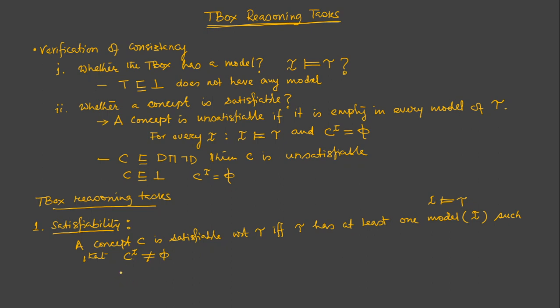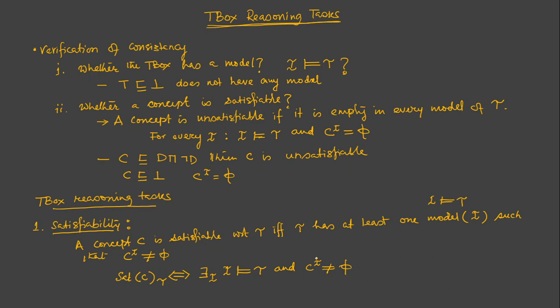We are defining SAT. We say that a concept C is satisfiable with respect to the T box T if and only if there exists at least one interpretation I such that that interpretation is a model of the T box T, and the interpretation of C under I is not an empty set, right?